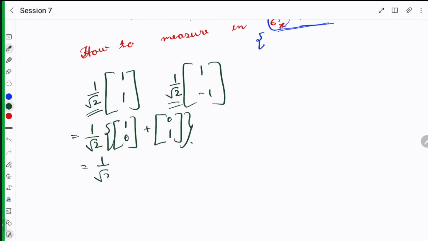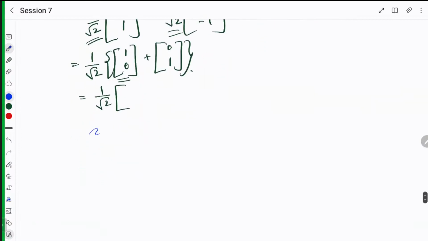So what is this column vector 1, 0? They are the eigenvectors of sigma z. But if I want to write this column vector as ket something, what do we write it as?